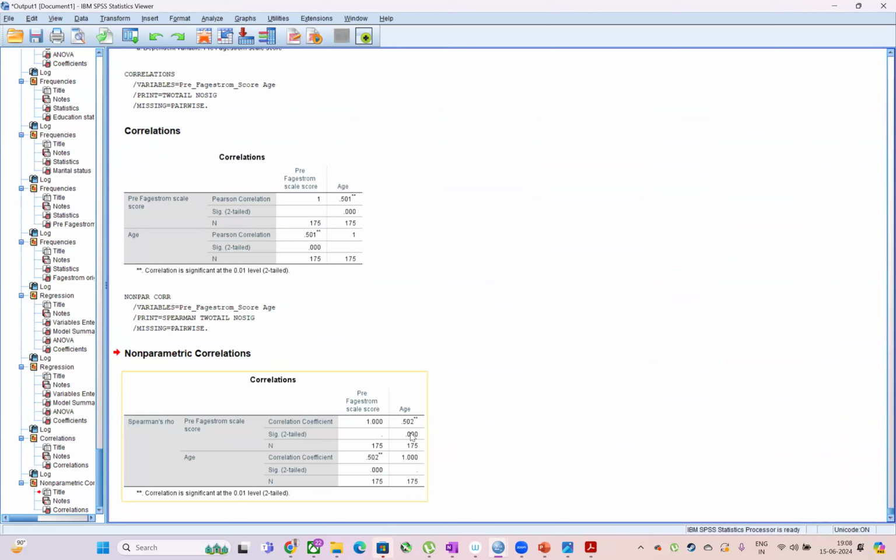The p-value, if you see here, is less than 0.05. 0.000 is the p-value. You understand? 0.000 is the p-value. It is highly significant. One thing you have to look at is the correlation. You may be confused that 0.502 is the p-value. No. 0.000 is the p-value.